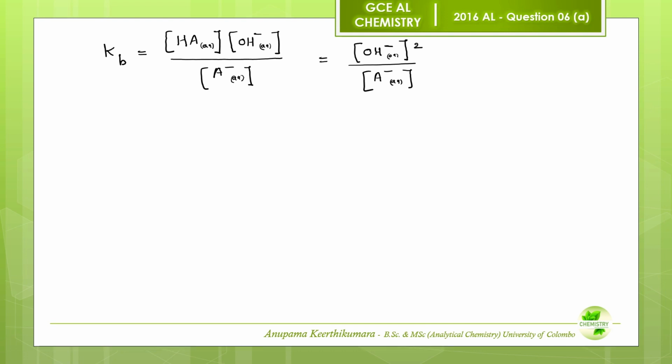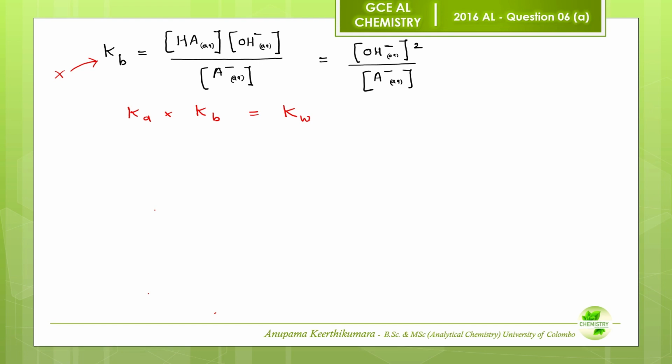The dissociation constant of this conjugate base is not given. But during the first question, we calculated the dissociation constant Ka of this weak acid HA. There is an equation which relates the dissociation constant Ka of the weak acid and the dissociation constant Kb of the conjugate base: Ka times Kb equals Kw. This expression can be used for any conjugate acid-base pair.